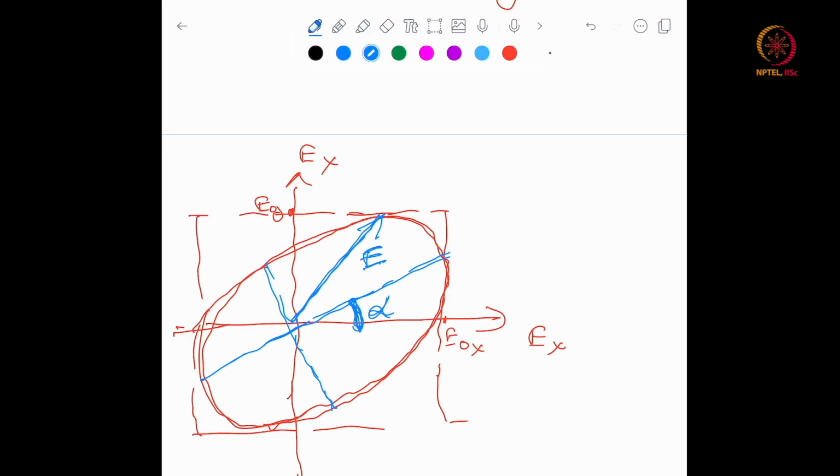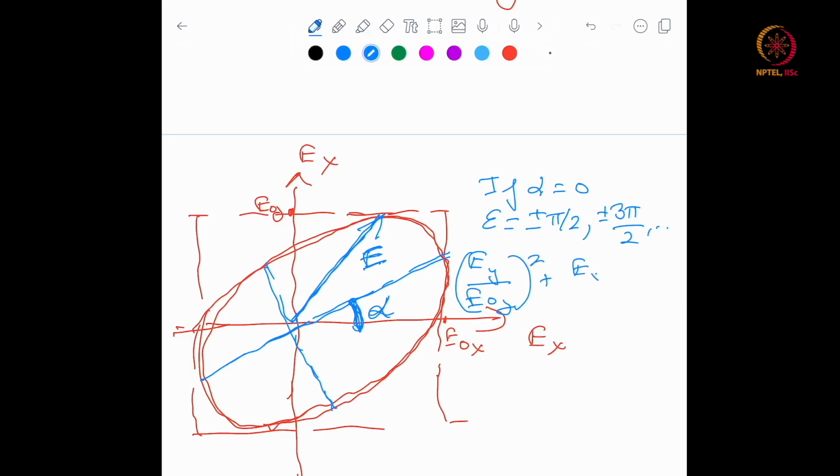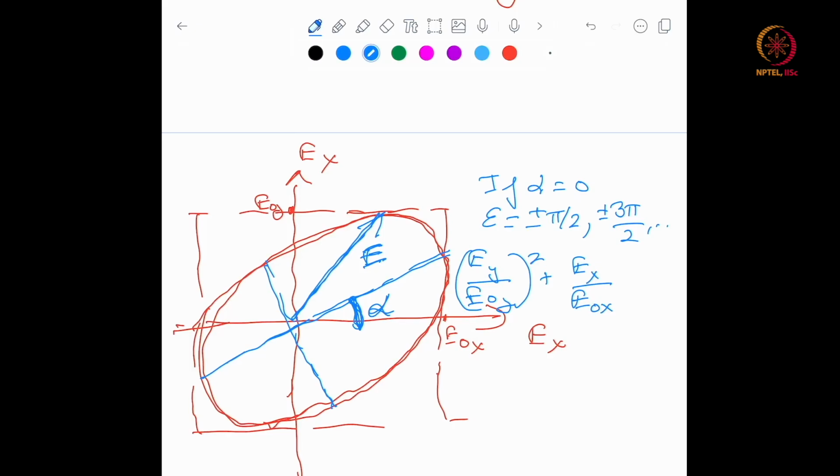Okay, so if alpha is equal to 0, and epsilon is equal to plus or minus pi by 2, plus or minus 3 pi by 2, we will have this very familiar form, (Ey/E0y)² plus (Ex/E0x)² equal to 1.